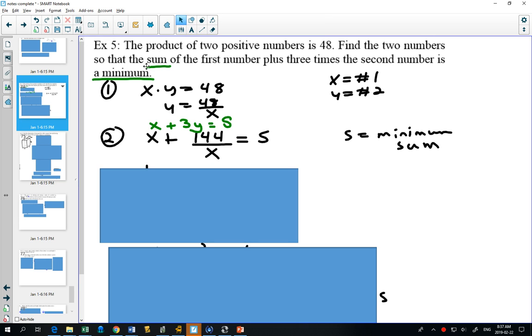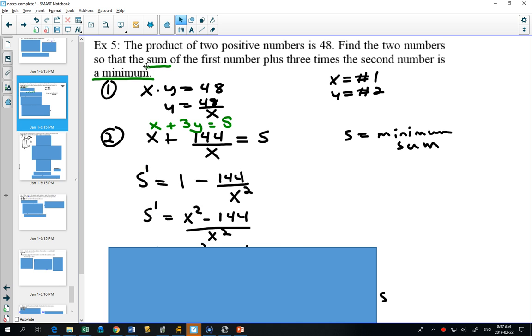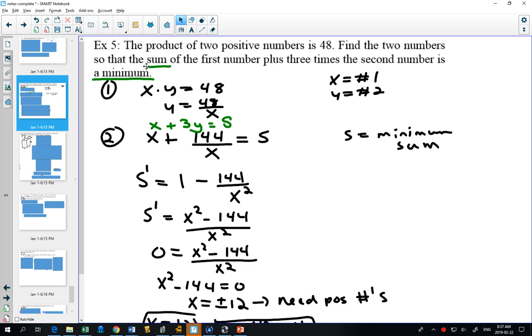Well, how do we find a minimum? Been doing calculus. We find our derivative. We have a rational equation to solve. We set our derivative equal to 0. And the only place that that fraction will ever equal 0 is where the numerator is equal to 0.